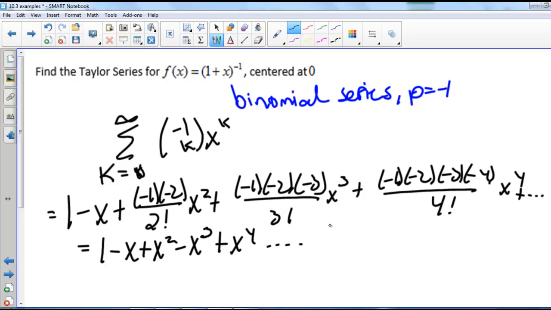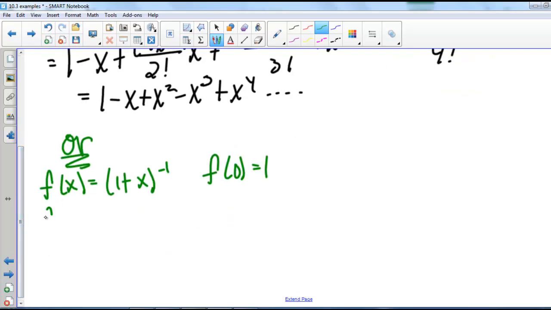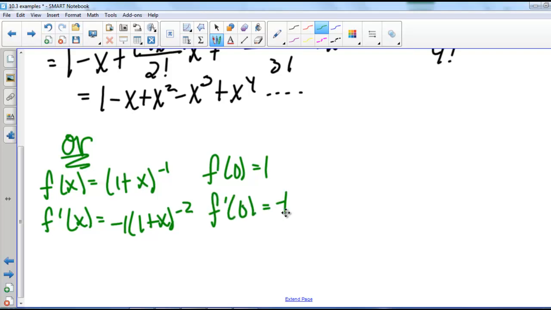There are also some other ways we could have arrived at our answer. We could have done this using our traditional Taylor series methods. So f of x equals 1 plus x to the negative first, and f of 0 equals 1. F prime of x equals negative 1 times 1 plus x to the negative 2, and f prime of 0 equals negative 1.